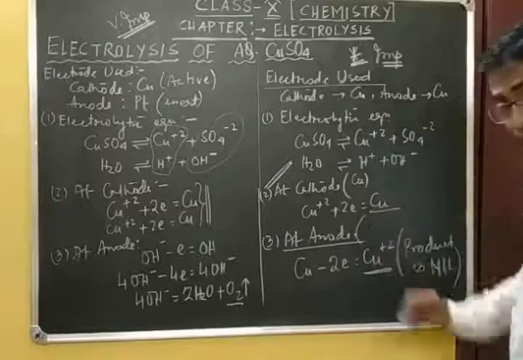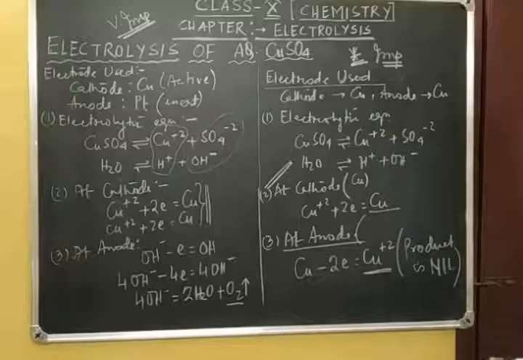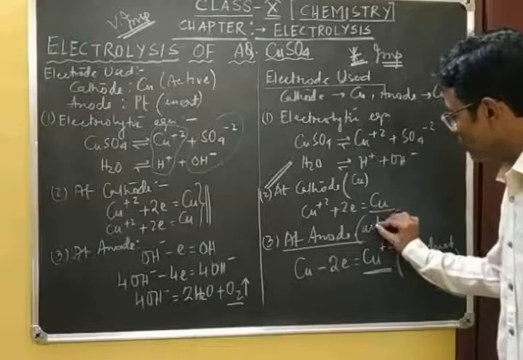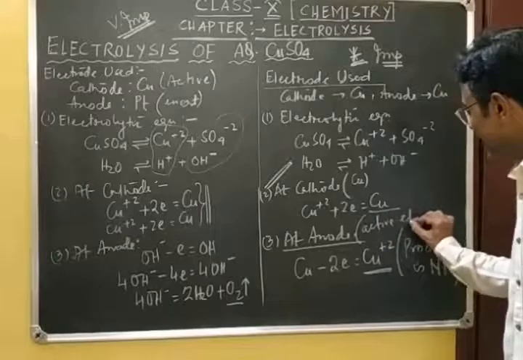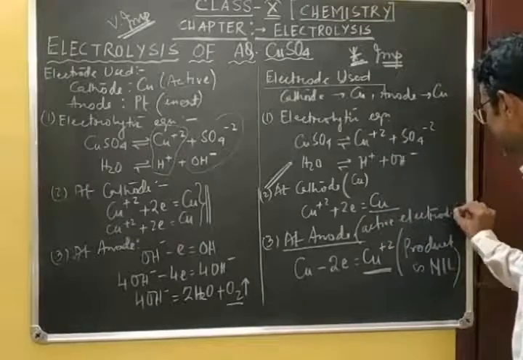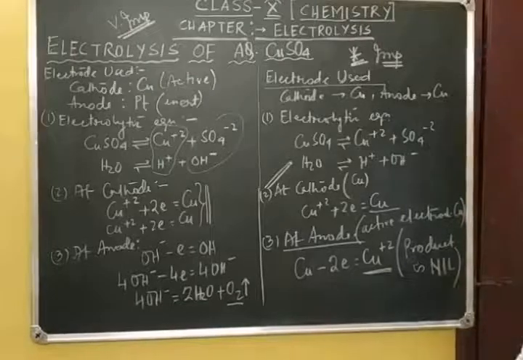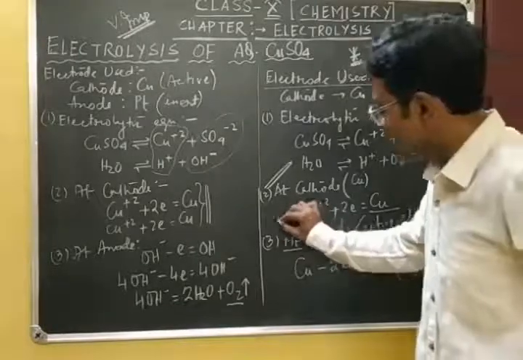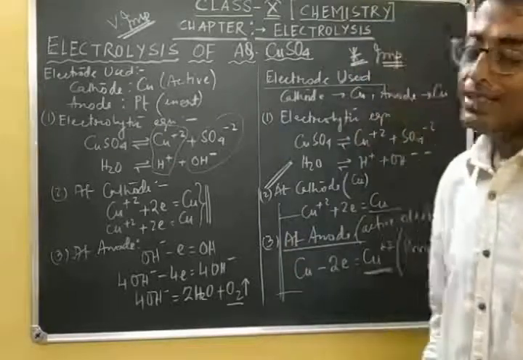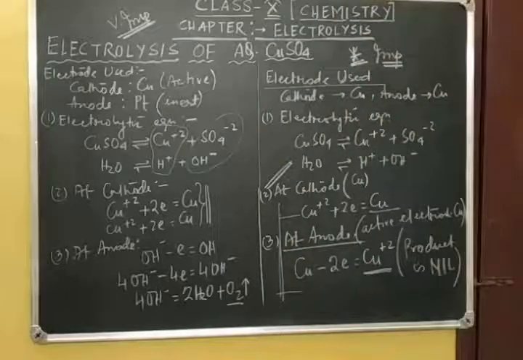Because at anode also we have used an active electrode, that is copper. Remember this one. This is very, very important, and we will discuss this much more elaborately, but up to class 10, just memorize it or remember it.